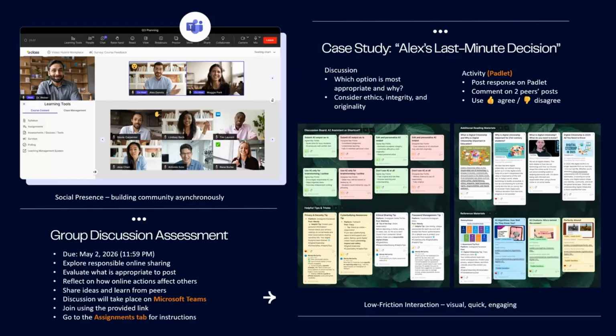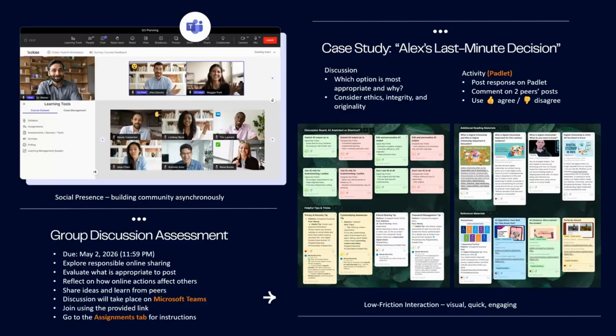Here, I include a case study to make the learning more interactive and practical. Students look at a scenario called Alexa's last-minute decision and discuss what they think is the most appropriate action. What I like about this activity is that it really pushes students to think about ethics, integrity, and how their online choices affect others.